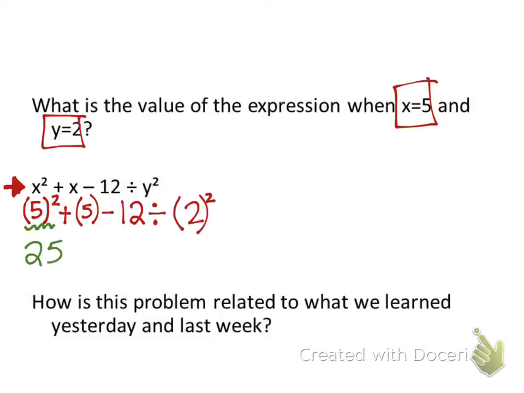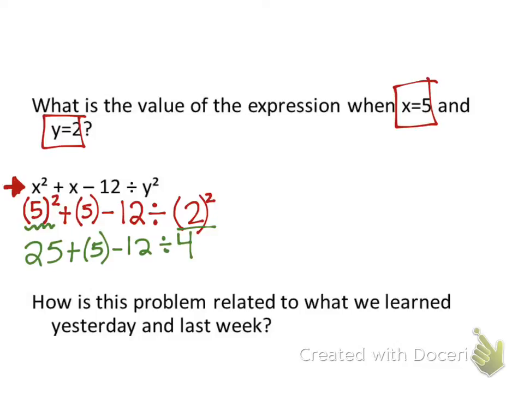Okay, and I'm just going to copy the rest of the problem just as it is. I see another exponent in the back. You can do that on the same step. What is 2 squared? Yeah, it's like 2 times 2, which is 4. Good. Questions?